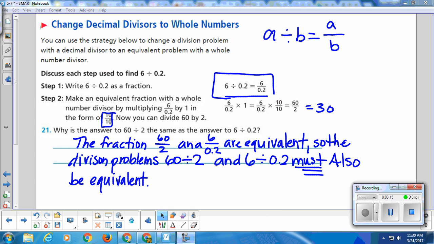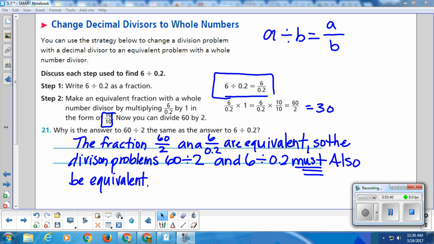Okay, if you're not sure of the answer, here's the answer. The question was, why is the answer to 60 divided by 2 the same as 6 divided by 2/10? Well, we turn them into fractions first, because any division problem can be turned into a fraction. The divisor becomes the denominator, okay?